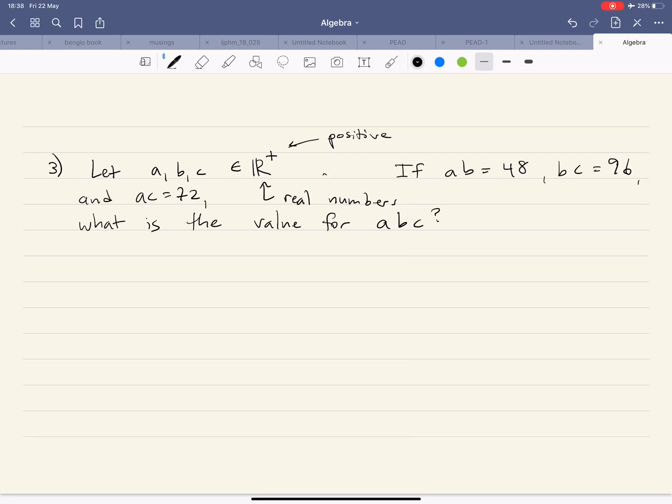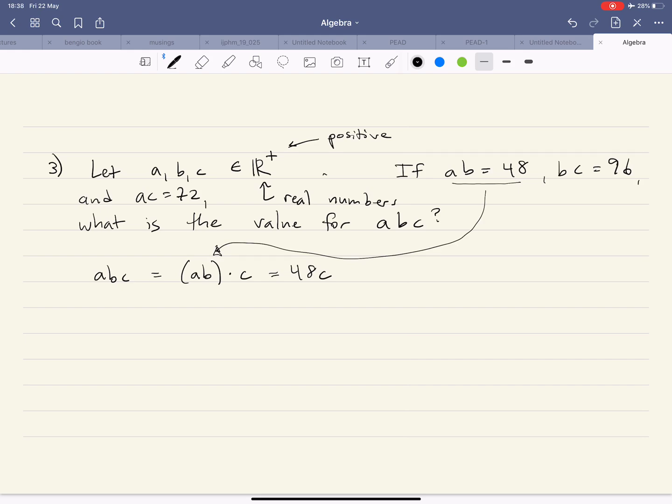Okay, so we know that the value for A, B, C is going to be A, B times C, which means we know that AB is 48. We can substitute that in here, and now we know it's 48C.